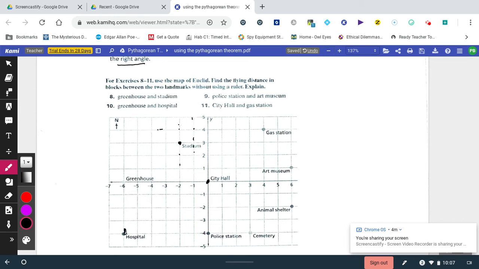If I were walking or driving, I could just stay on these roads. I could go south, and then I could go east to get from the stadium to the city hall. But if I want to go directly from the stadium to the city hall, I can't just run through this area right here, because this area is not a road.